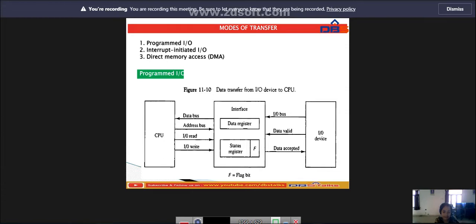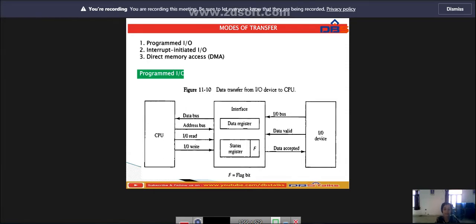In the middle I have the interface and the data register. Whenever the interface accepts the data byte into the data register, it enables the data accepted line and sets a bit, the flag or F bit, in the status register. The device can now disable the data valid line, but it will not transfer another byte until the data accepted line is disabled by the interface.